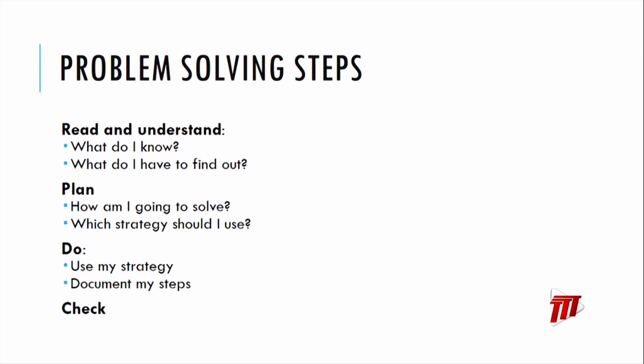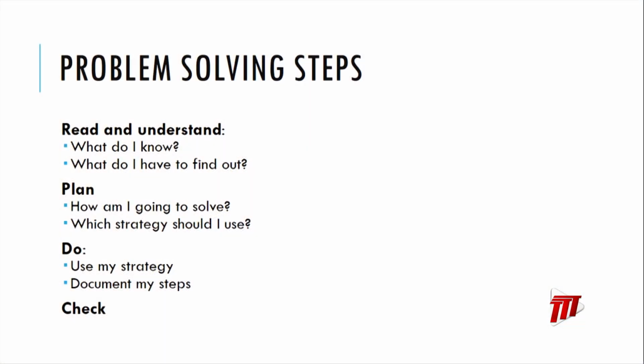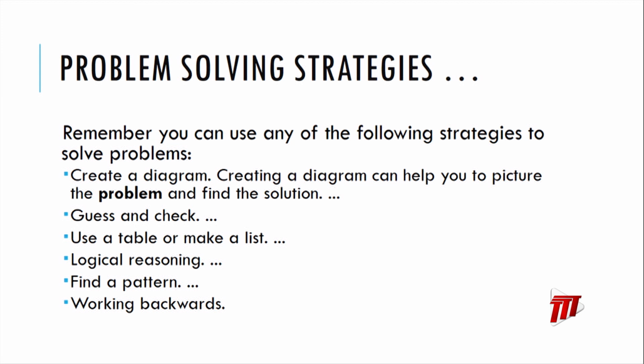Then we are going to do whatever strategy we have chosen. And at every stage, we are going to document our steps. Finally, we are going to check to ensure that our problem is solved. If it's not solved, we will have to go back to the top and follow the steps and come down again.